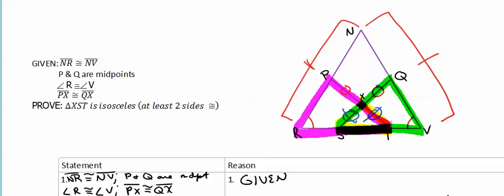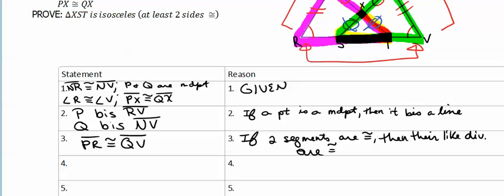But how are we then going to establish those triangles? Well, we do know angle R and angle V are congruent. Well, what else can we say about this triangle? Well, we know P and Q are midpoints, which basically means that these are going to be bisecting segments to the longer segments NR and NV, which will then, using the division property, establish that PR and QS or QV are congruent.